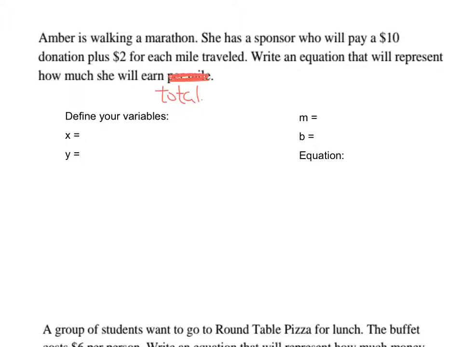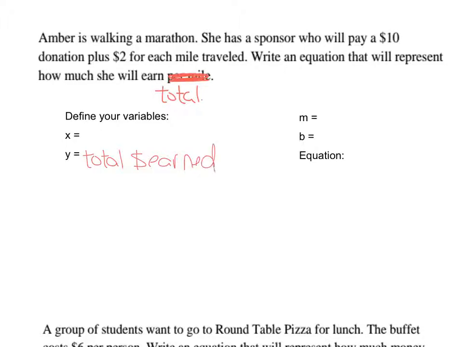Well, y is what they ask. Write an equation that will represent how much she will earn total. That's always going to be y. When it says to write an equation that will represent, right after that is y. Okay? So y is the total money earned. That's our dependent variable.